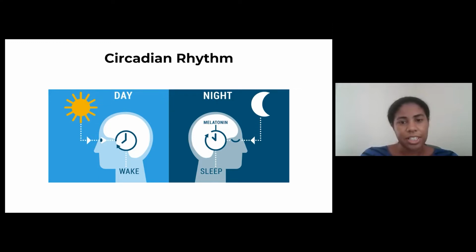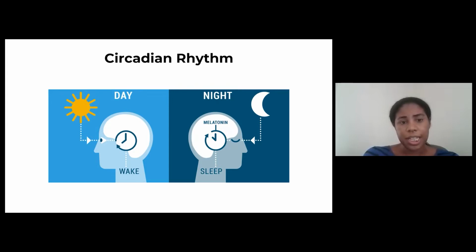And in addition to regulating sleep-wake activity, it also regulates body temperature as well, and melatonin, which rises in the evening, cortisol, which does rise in the morning, and also eating patterns too, and brainwave activity.